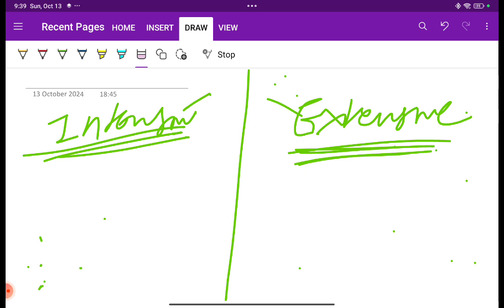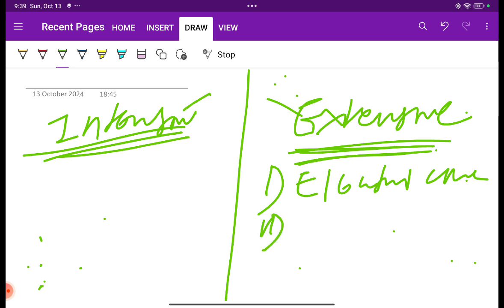So I have mentioned electric charge and magnetization.